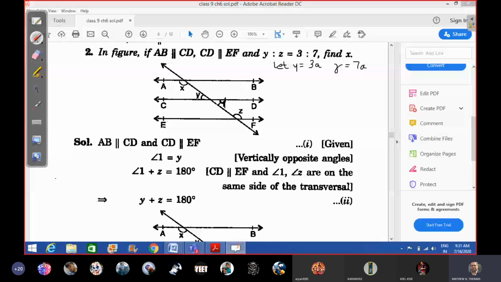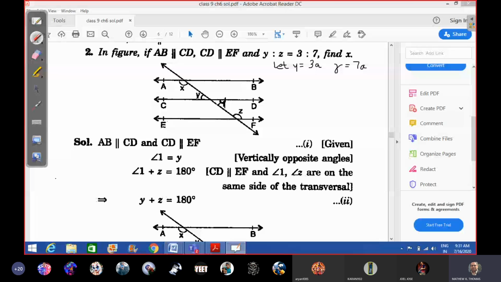It is given to you that AB is parallel to CD and CD is parallel to EF. So from this, what can you say? If this line is parallel to this and this is parallel to this, then what happens?